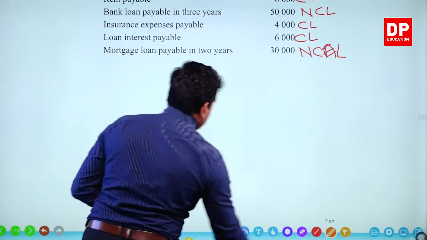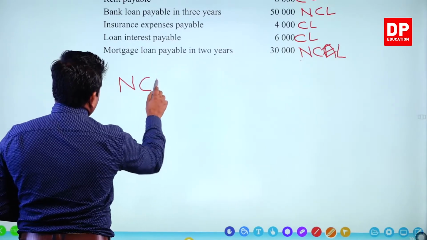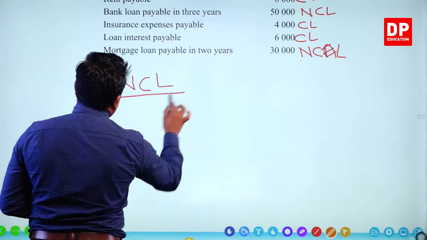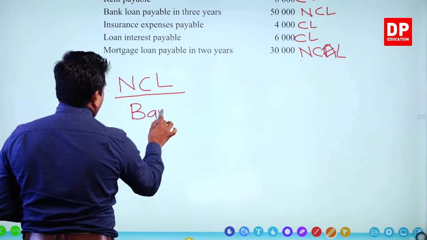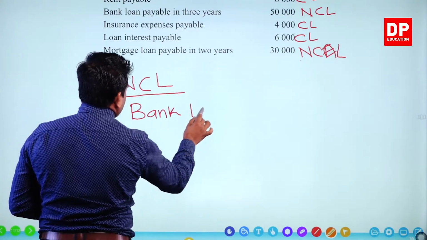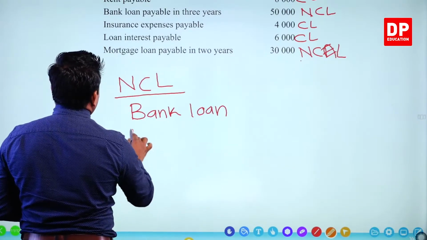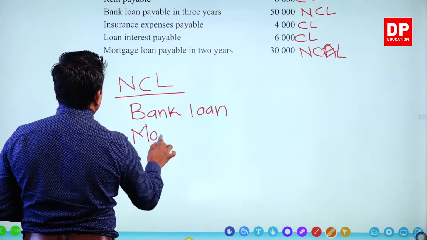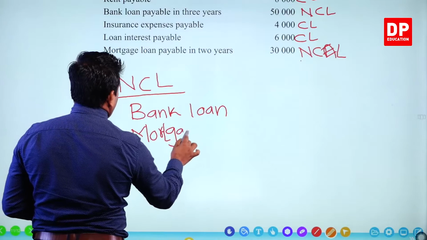Non-current liability, NCL, right? What are they? Bank loan, and the other one, what? Mortgage loan.